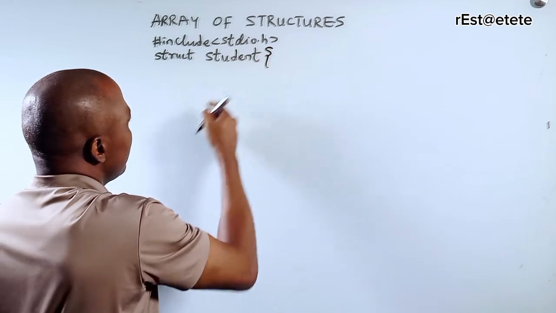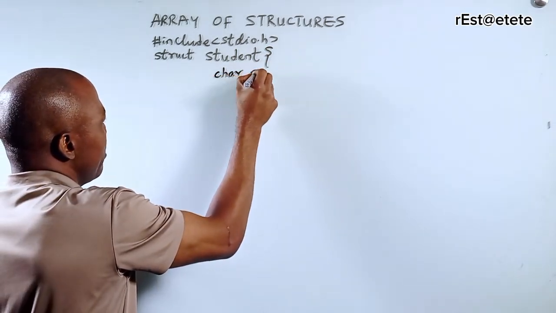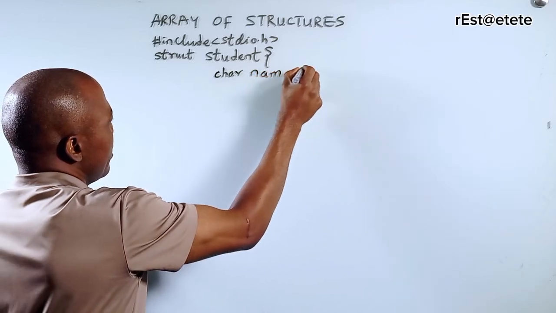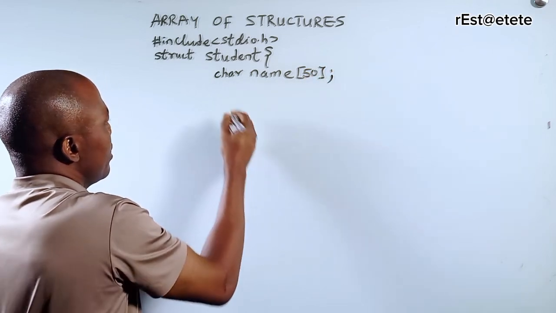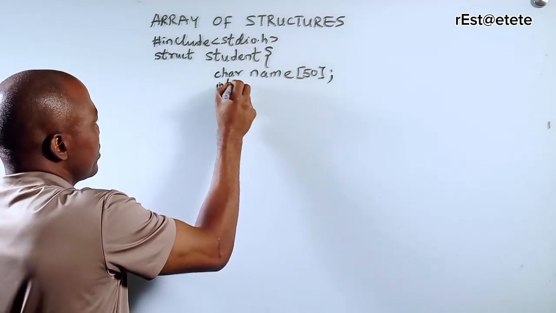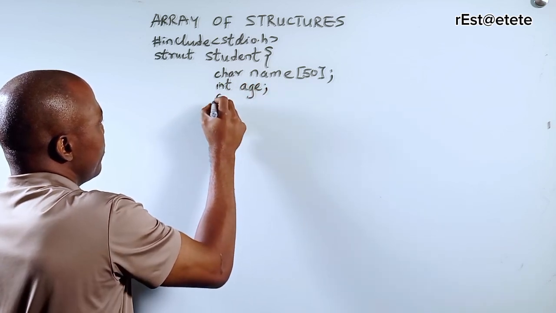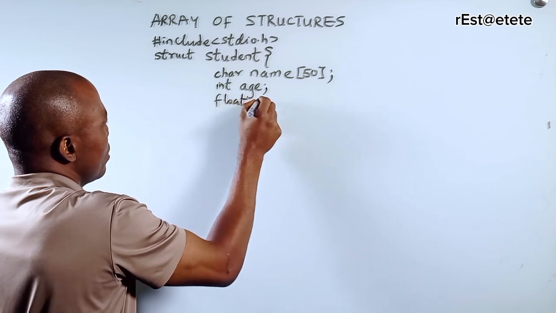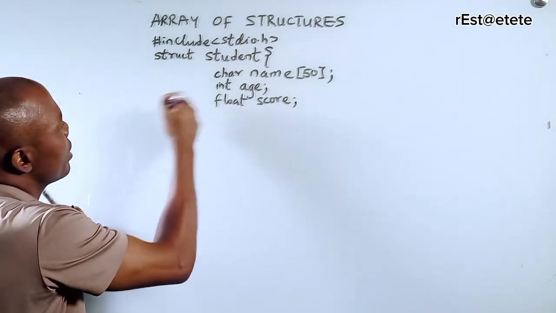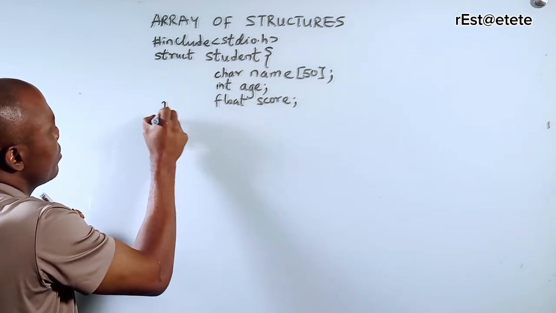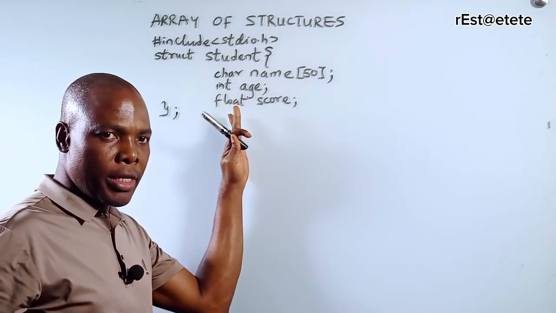And then inside our structure, we'll give char, which is name. Let's assign 50 bytes to it, right? Then we give int age, we'll give float score. Okay, then let's leave it at that. We'll close. Now this is our structure that we have created.